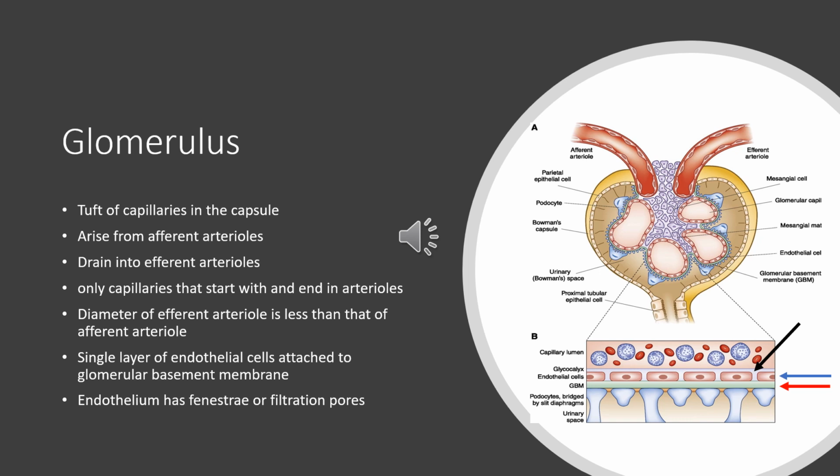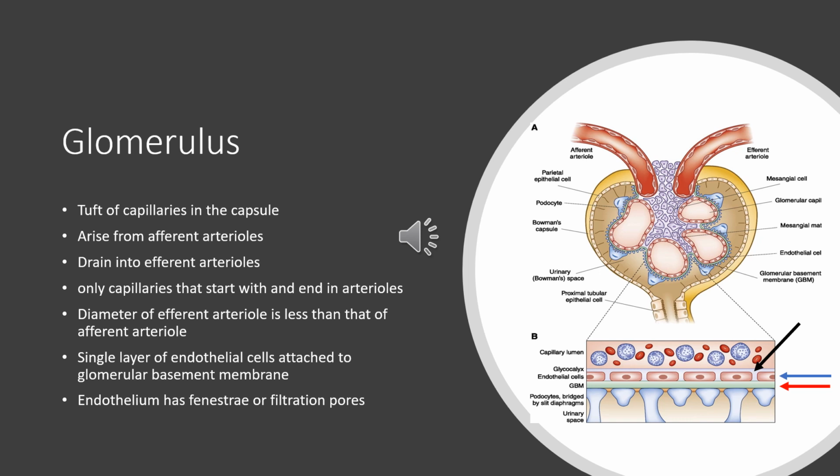So we can see that these glomerular capillaries are interposed between the afferent arterioles and efferent arterioles. And these capillaries are the only capillaries that start with arterioles and end in arterioles. That is, the vascular system in the glomerulus is purely arterial.